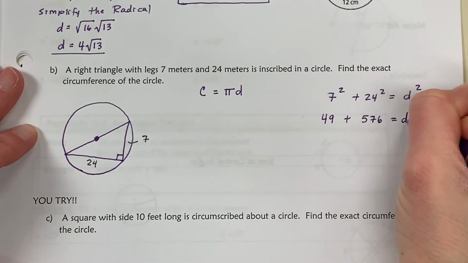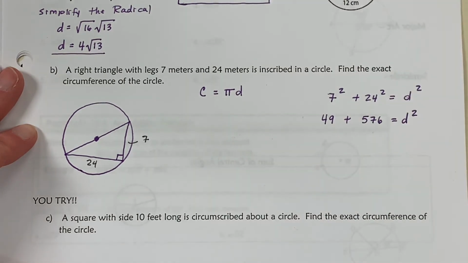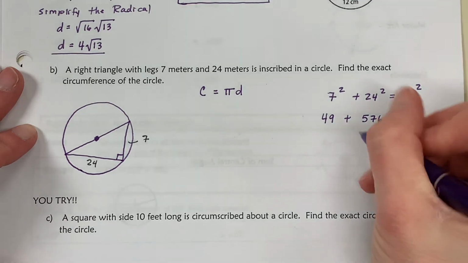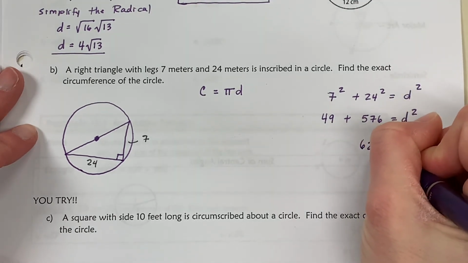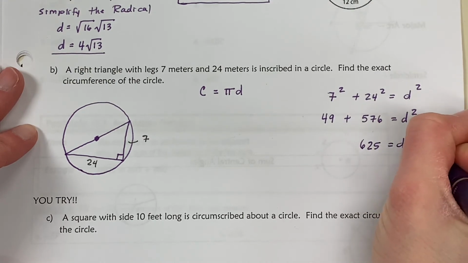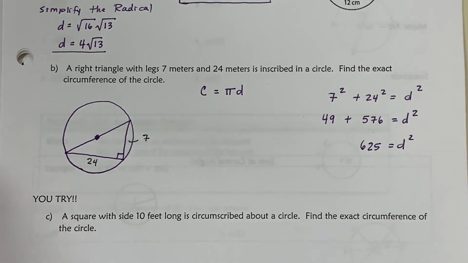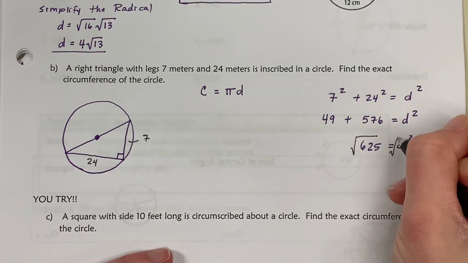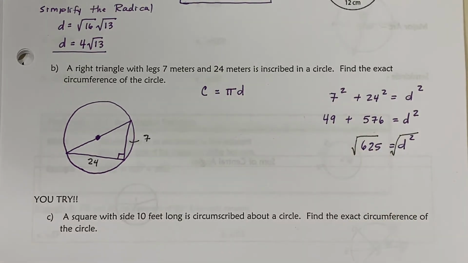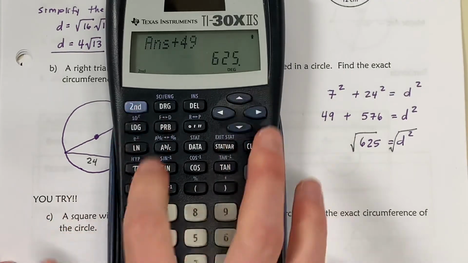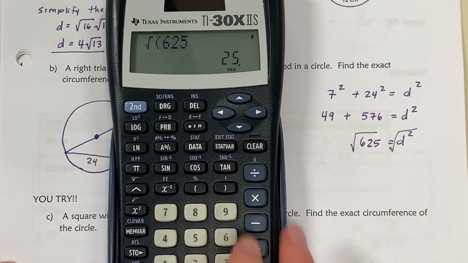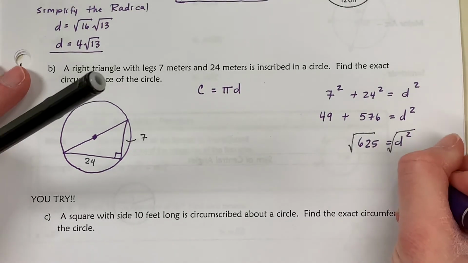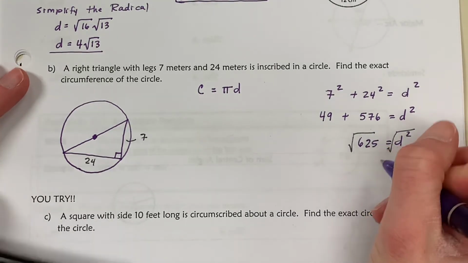This is equal to my diameter squared. So I'm going to take 576 plus 49. We get 625 equal to d squared. To get d, I take the square root of both sides. If I take the square root of 625, I get 25. This one works out nice. So my diameter is 25.